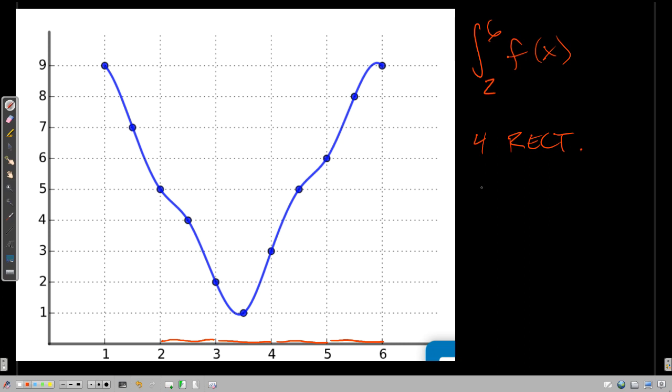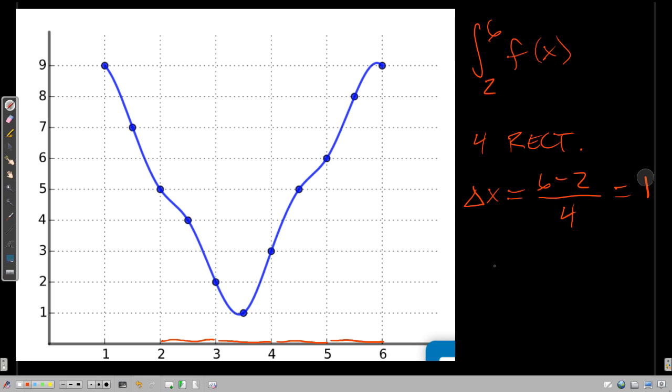So my delta x is just how far you're having to integrate divided by how many rectangles you want to break it up into. So I know that the width of my rectangles is always just 1. That's how much I'm going to change my x value, by 1.